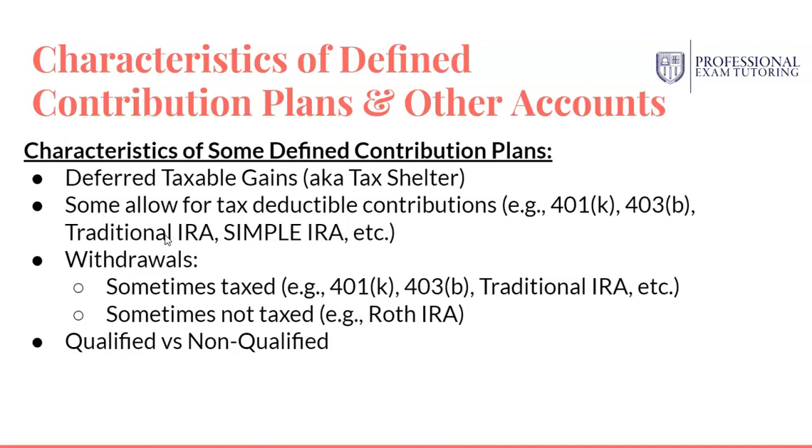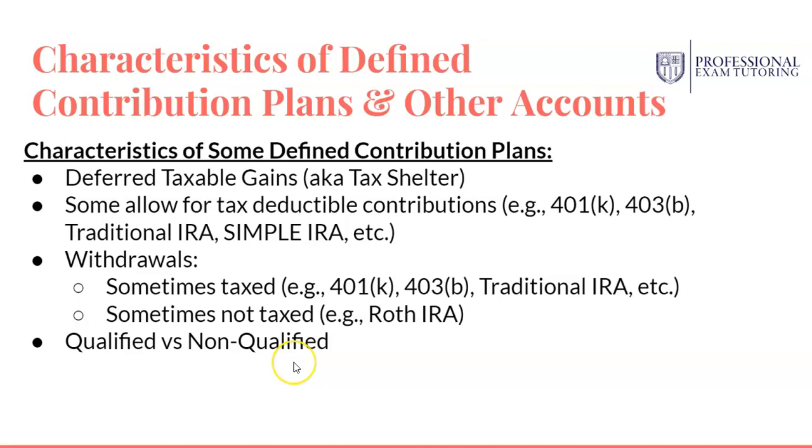The next and last characteristic to know about defined contribution plans is whether they are qualified or non-qualified. Now, the main difference between qualified and non-qualified is the contribution going in being taxed ahead of time or whether it's pre-tax. So what we mean by this is that if it's a pre-tax contribution, that means before the taxes even come off your paycheck, there's an amount that's going to go directly into your 401k, 403b, traditional IRA, because these three also happen to be qualified accounts.